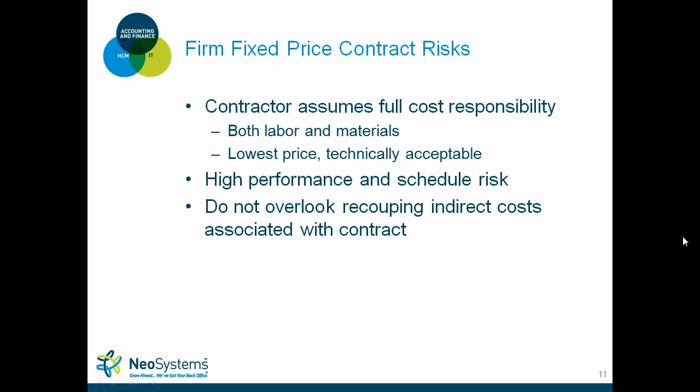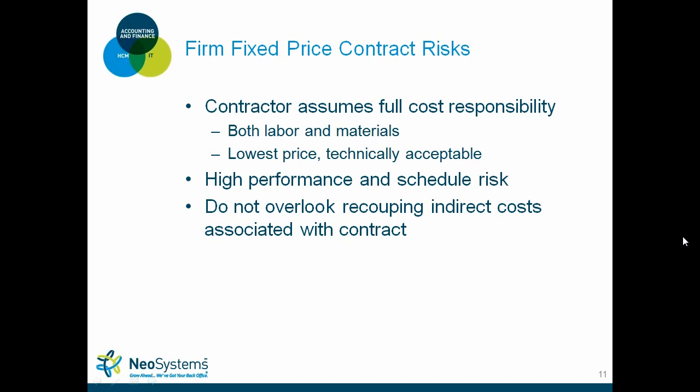These days, all RFPs, or most RFPs other than in the Intel industry, are lowest price technically acceptable type RFPs. So these fixed price contracts demand high performance and schedule risk for the contractor. And you really can't overlook recouping your indirect costs that are associated with this type of contract.